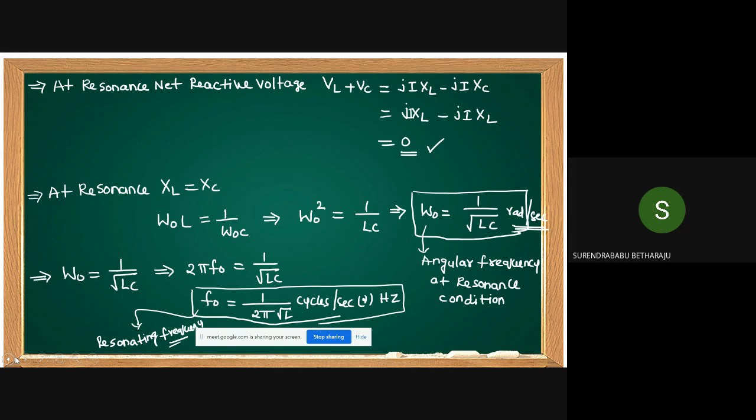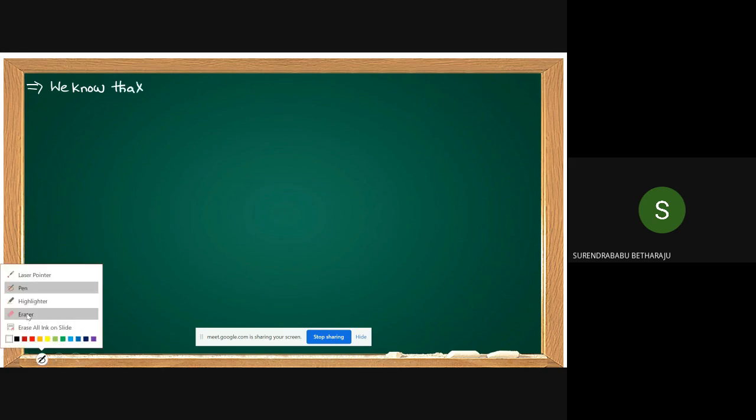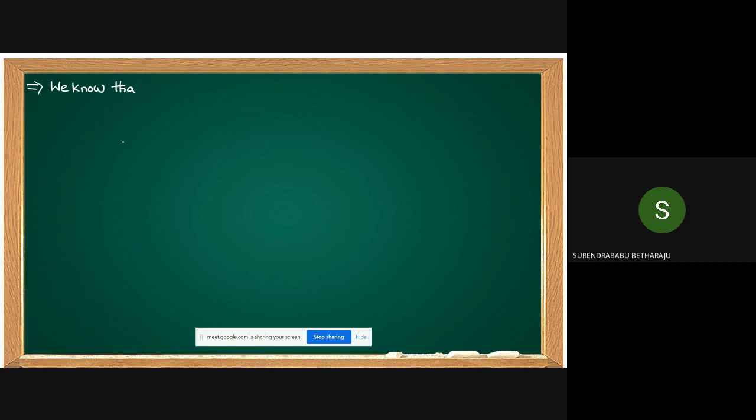Yes, friends, come on, all of you note this down. Now I want to write the different curves at resonance condition. What are the different curves at resonance condition? That is also important. But a point to remember, we know that XL equals omega L, that equals 2 pi FL.